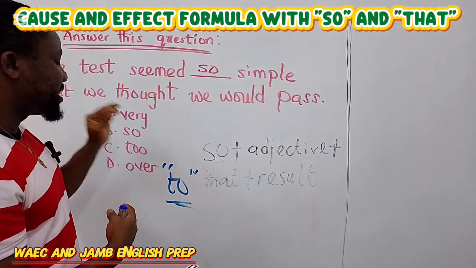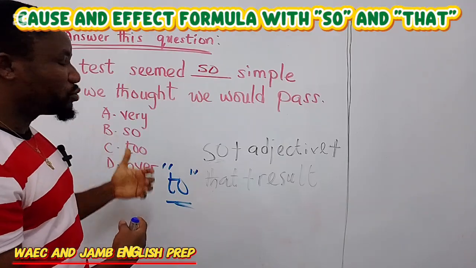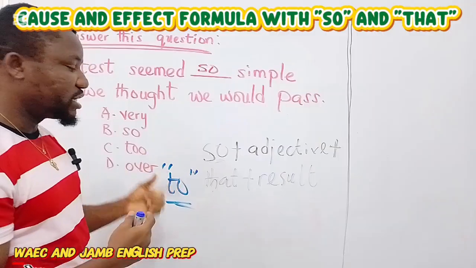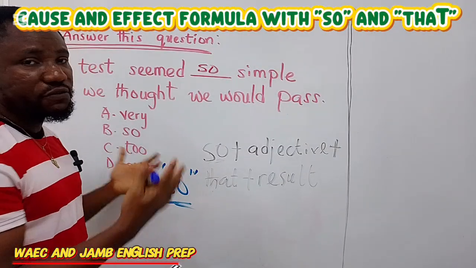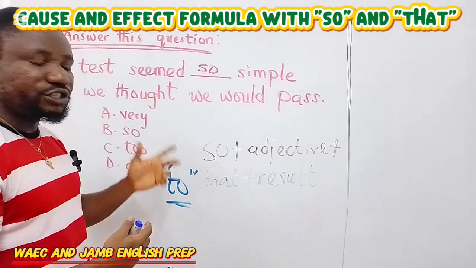Now, "this test seemed too simple that we thought we would pass" sounds very correct, but in standard English, it is incorrect. And over doesn't even fit in here. You can't say the test seemed over simple.